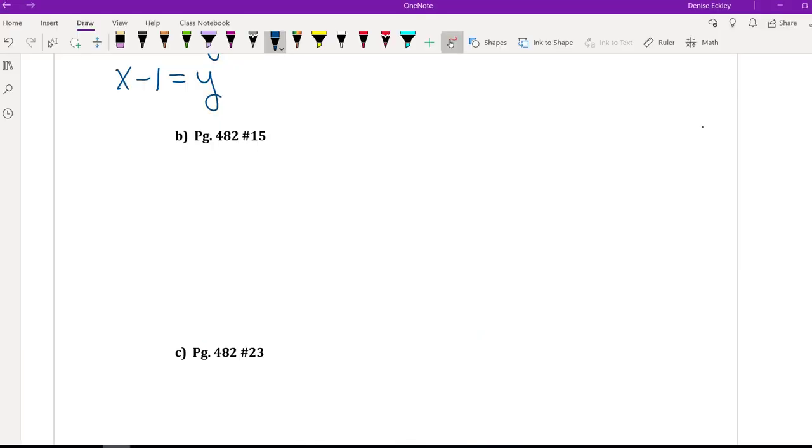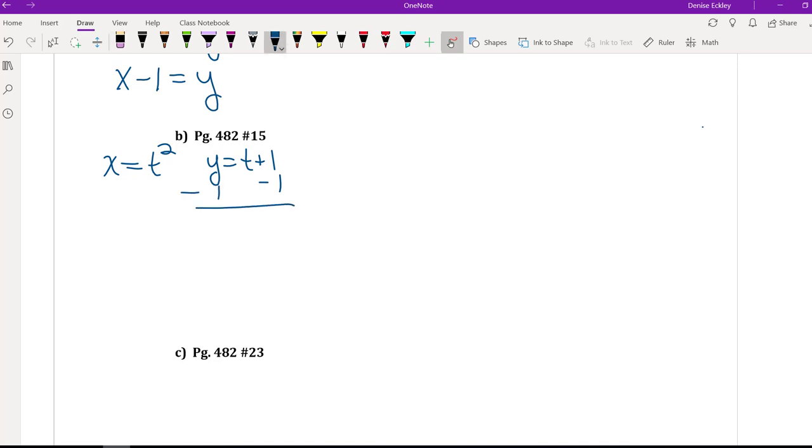Okay, so number 15, our equations are now x equals t squared and y equals t plus 1. Now this one's a little more tricky because your x has the t squared. So I'm going to go ahead and solve the y again for t.